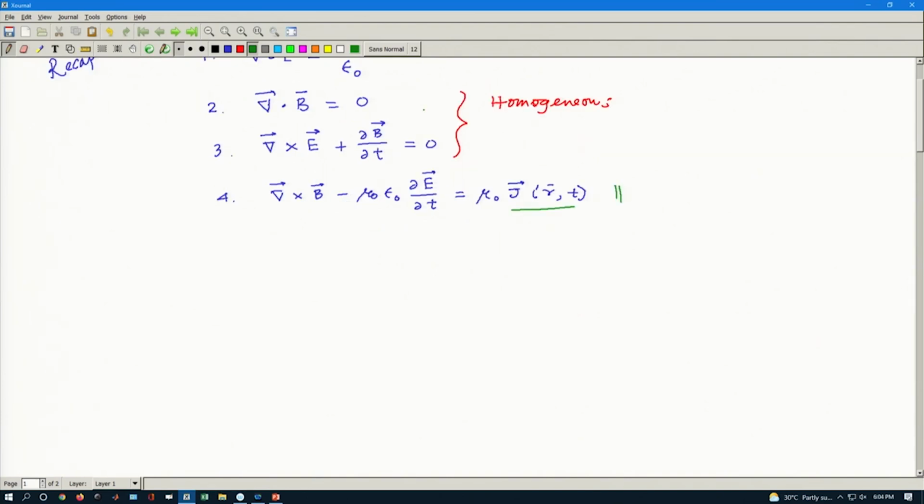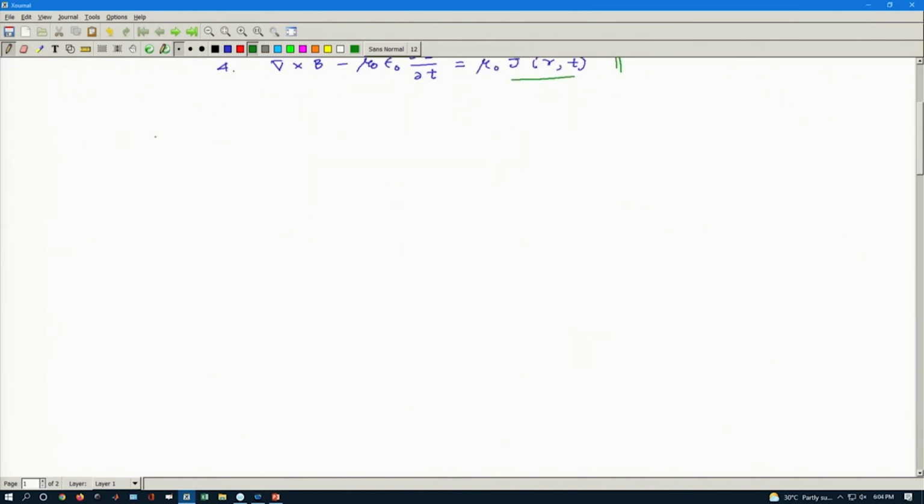So, we extracted the information of equations 2 and 3, the 2 homogeneous equations, and we eventually had B is equal to curl of A and E is equal to minus gradient of phi minus del A del t.